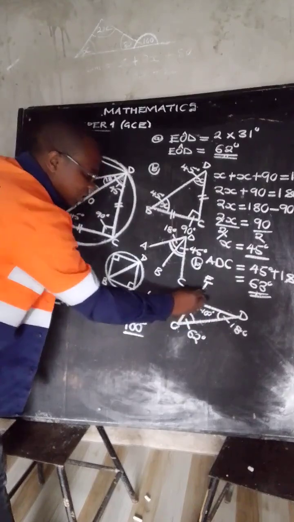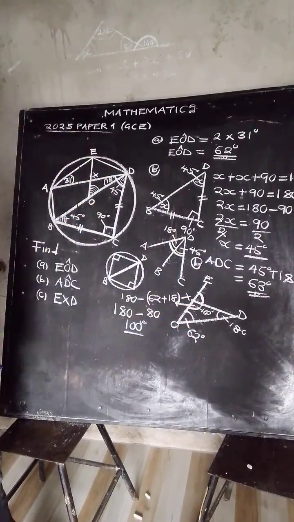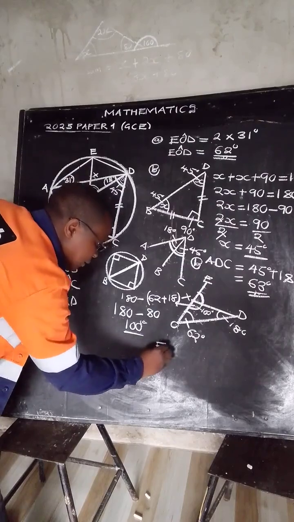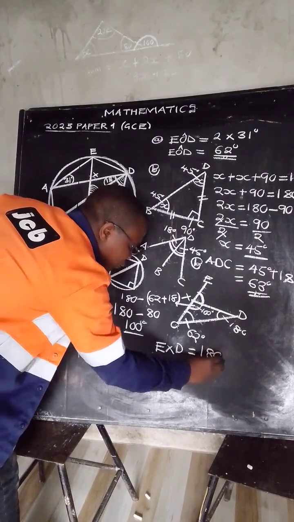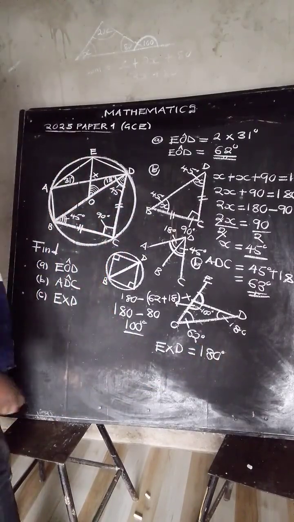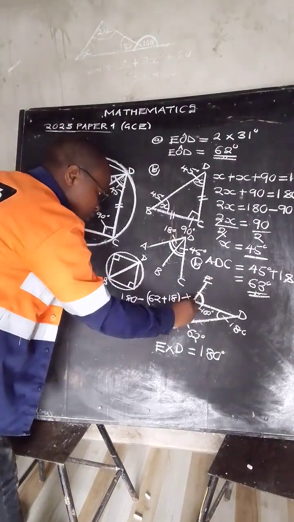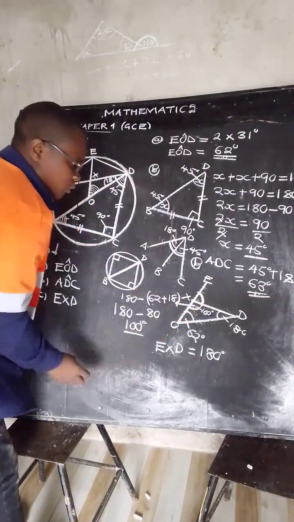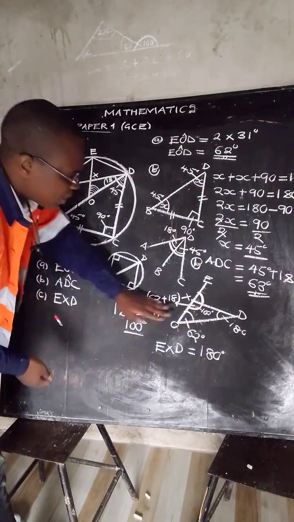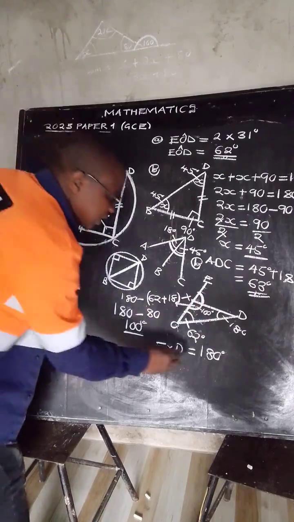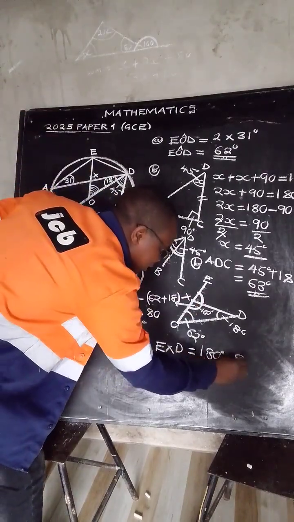EXD and 100, these are on a straight line. So for us to find EXD, we're going to say 180, which is the sum of angles on a straight line. This line is a straight line, take note. So out of 180, for the entire angle of a straight line, we have 100. So it's 180 minus 100.